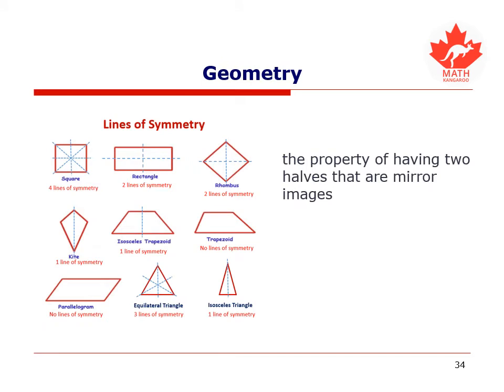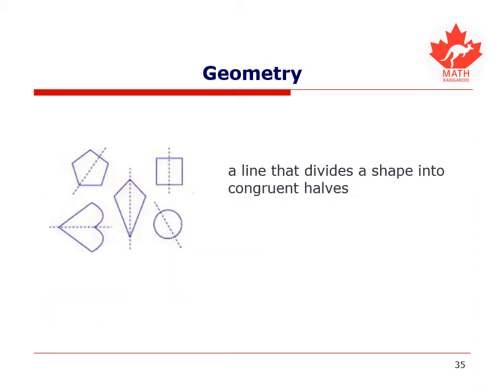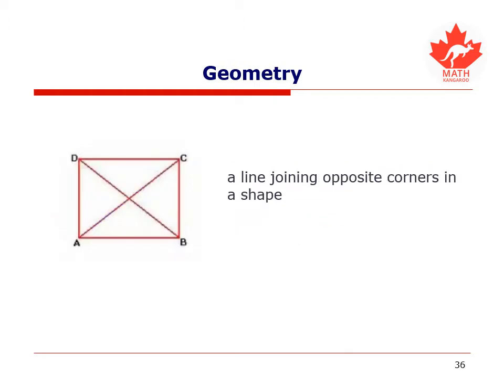The property of having two halves that are mirror images. Symmetry. A line that divides a shape into congruent halves. Line of symmetry. A line joining opposite corners in a shape.